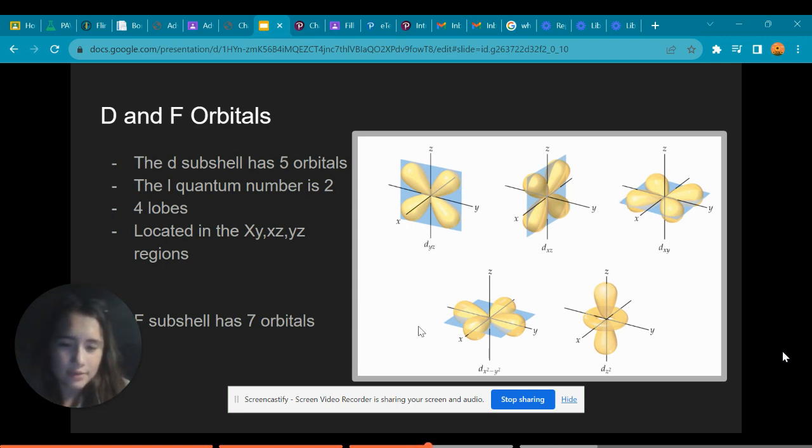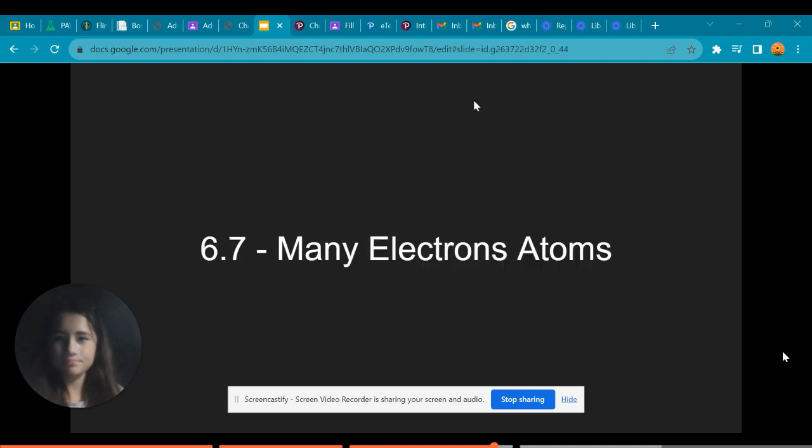And then you also have dx squared minus y squared, which just means it's going to be along your axes. And then you also have dz squared. The f subshell has 7 orbitals, and we do not know enough about the shape of it. It is too complex, so we do not have to learn that.